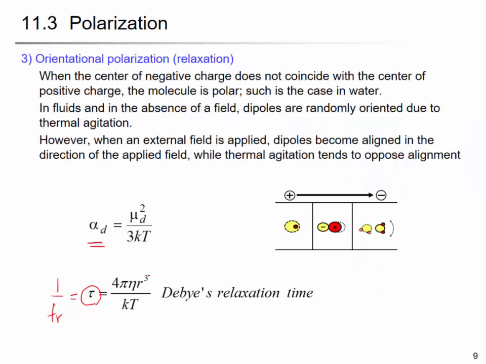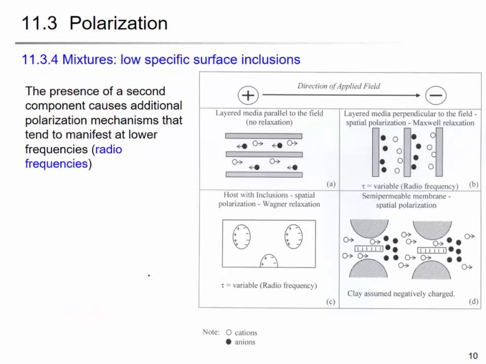Okay. Questions so far? So we've seen the polarization of a single material, single molecule, and now we'll see the effect in the soil media. So first we'll talk about the low specific surface inclusion, so therefore like sand. This is the case.